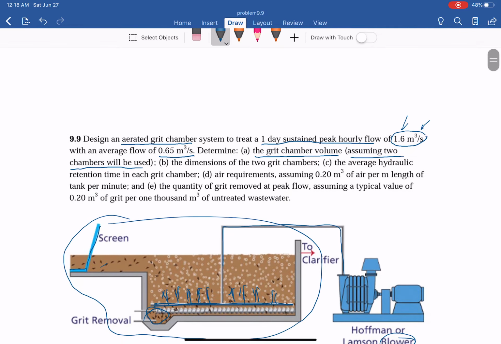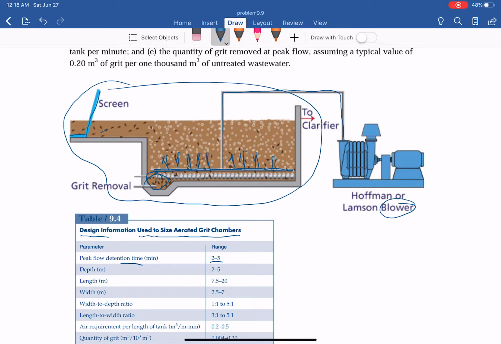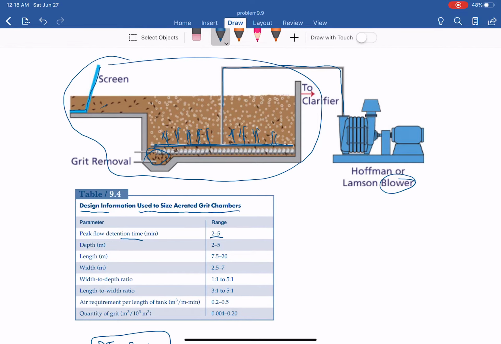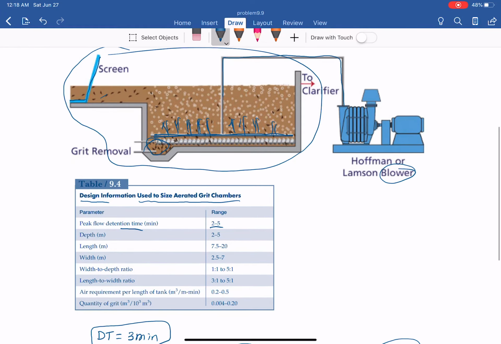Let's look at the second part. What are the dimensions of the 2 grit chambers? Now for the dimensions, we have to find out the length, the width, and the depth. When you go to the design information for sizing aerated chambers, you have to look for the width to depth ratio, 1:1 to 5:1.